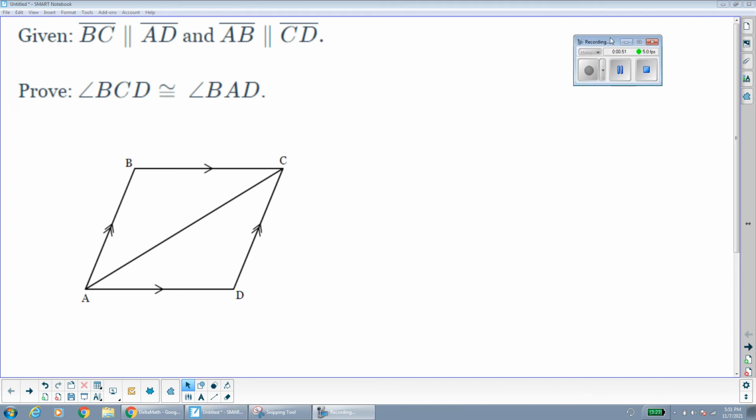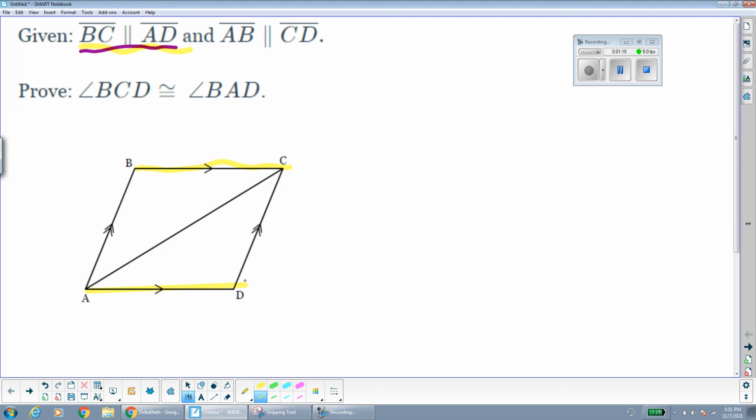So they tell us in the givens that BC is parallel to AD. So let me get my highlighter and I just want to highlight these 2 parallel segments. That's BC, which is right over here, and AD, which is right over here.